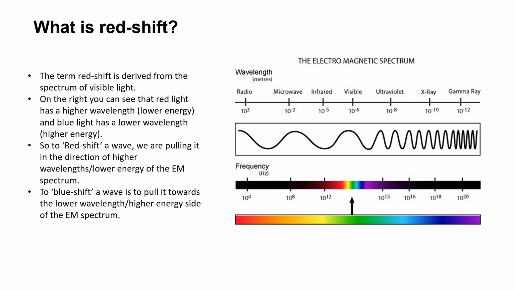So carrying on from what I was saying on the previous slide, and I think this diagram actually illustrates this quite nicely, we can see that the red visible light is towards the longer wavelength side of the spectrum, and the blue/violet side of the visible light spectrum is towards the lower wavelength side of the electromagnetic spectrum.